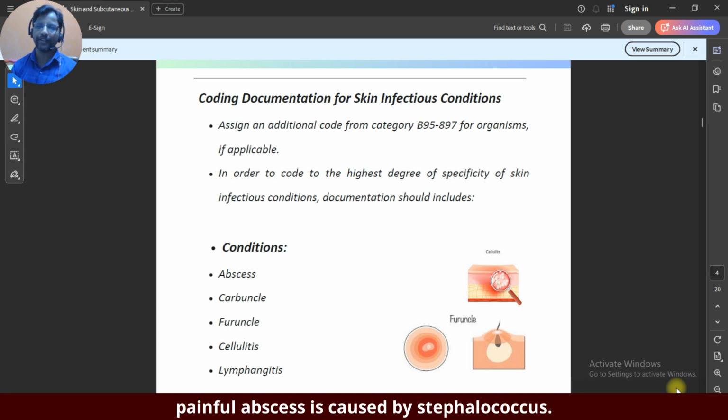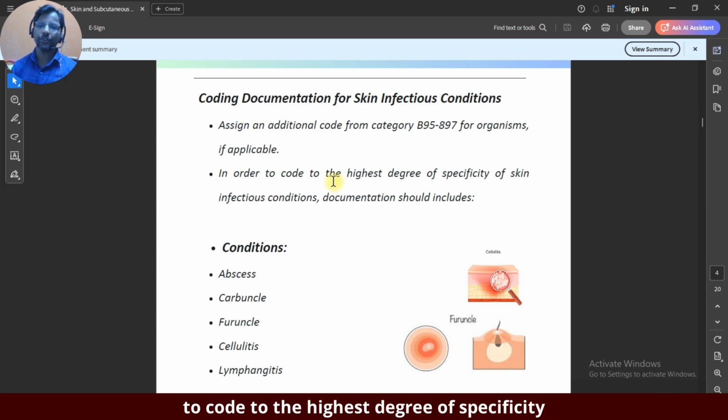That painful abscess is caused by staphylococcus, and these staphylococcus codes are from B95 to B97. So along with the painful abscess ICD-10 CM code, you also need to code a B series code for the staphylococcus infection. For that you need to use B95 to B97.